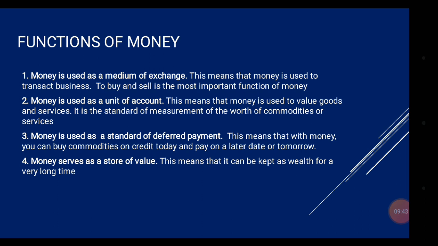And so I can sell the tomatoes and keep the money so that in December I'll use that money to buy other tomatoes. So if you want to store anything of value, usually it is best to convert it into money. So money serves as a store of value. That's another function of money.